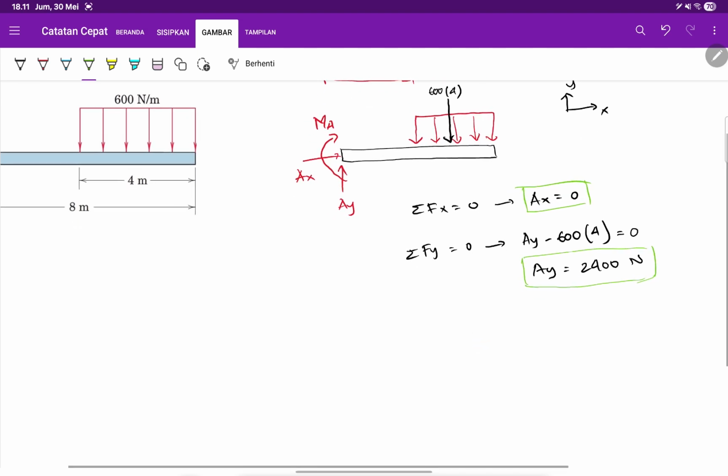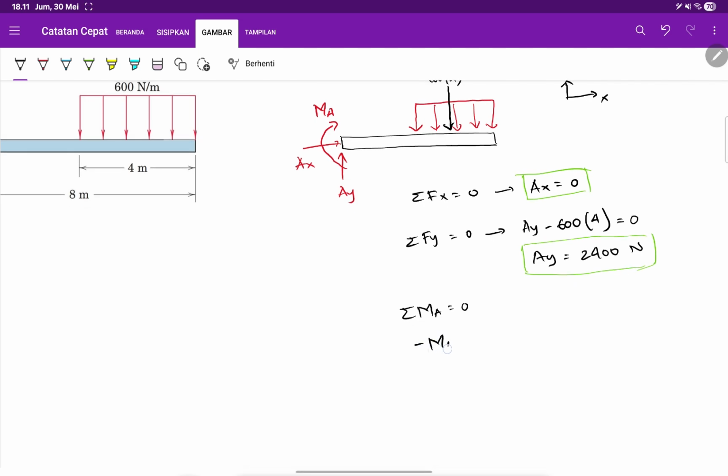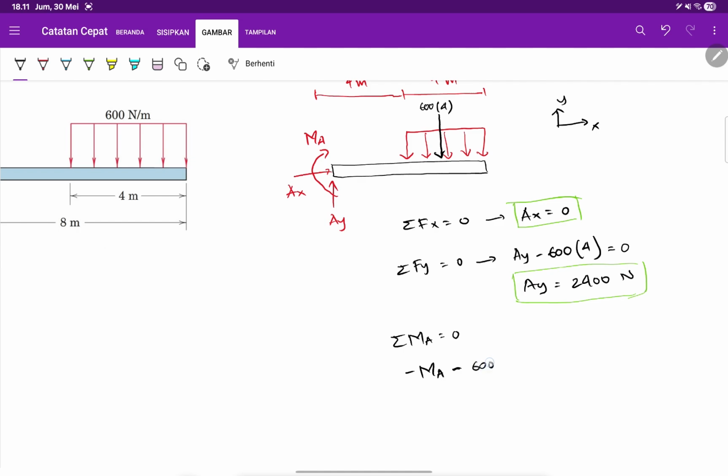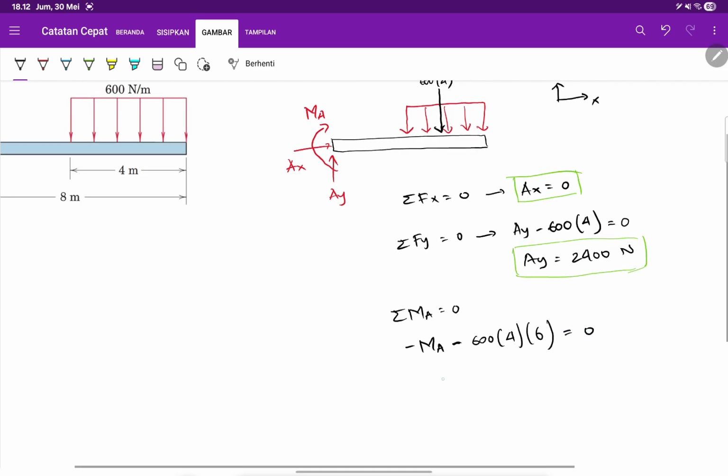And then let's find MA. Sigma moment at A equals 0. So you have minus MA, because MA itself is clockwise, so it's negative. And then you have this 600 times 4, and then multiplied by 6 meters, and they are equal to 0. So your MA will be equal to, how much is that? 24 times 6.